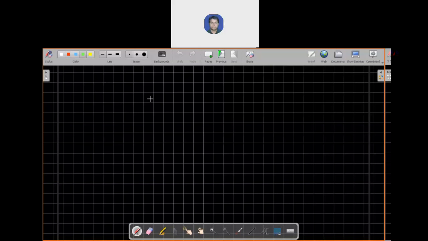Just consider you are given a clip window: xw min equals 5, xw max equals 10, and in the same way yw min is 10 and yw max is 20. This is your clip window.